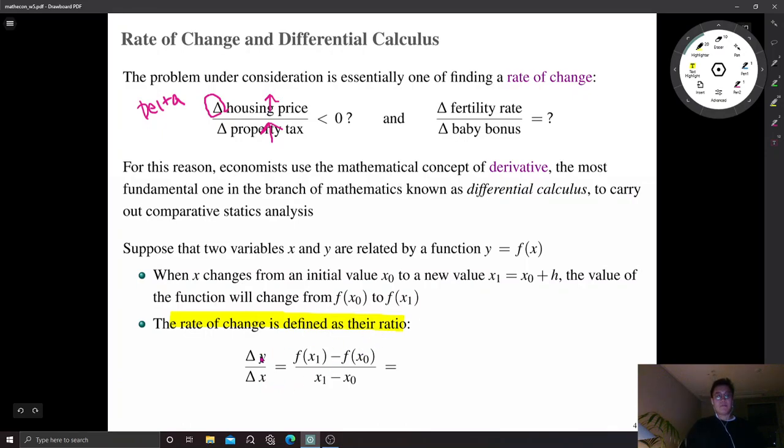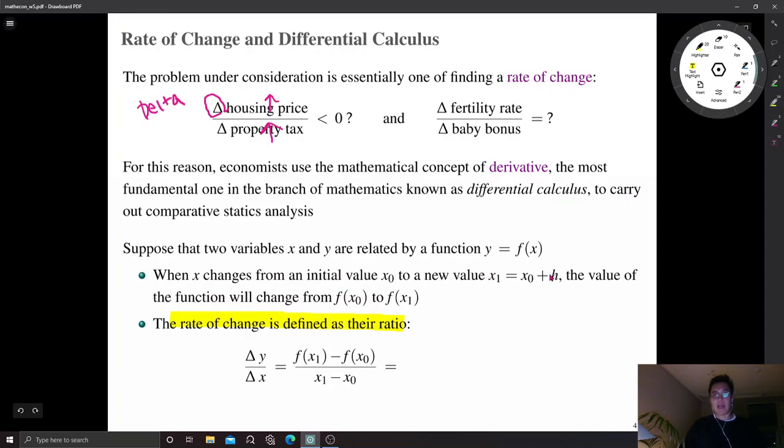So we usually put the change in the dependent variable on the top. So delta y, that is the change in variable y, is the difference between f of x1 and f of x0. And the change in x on the bottom, so the difference between x1 and x0.